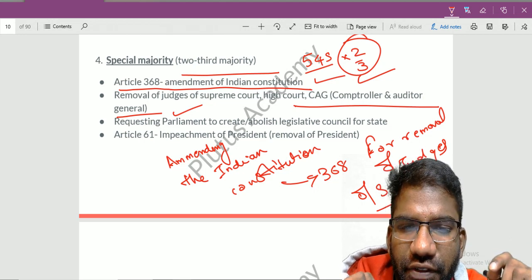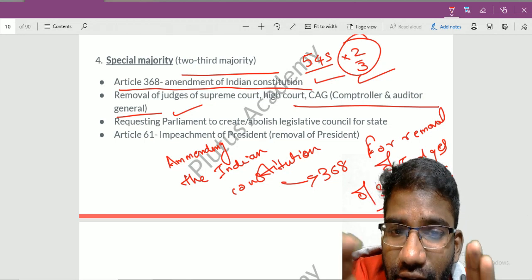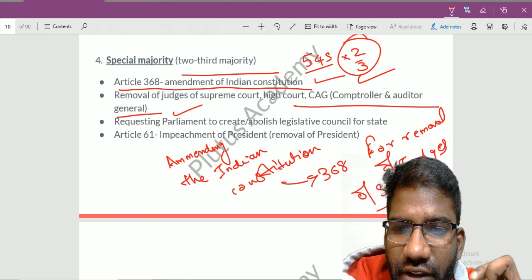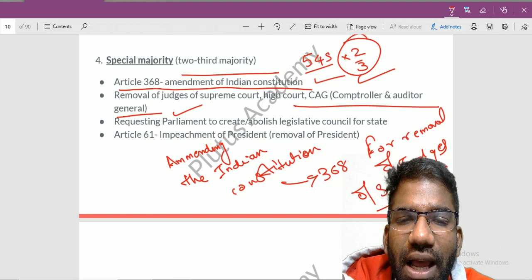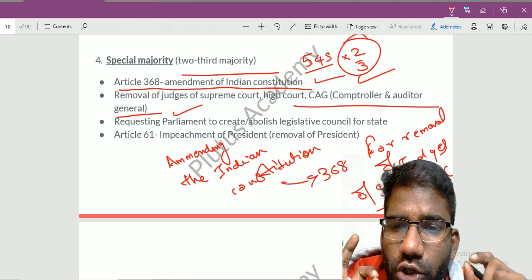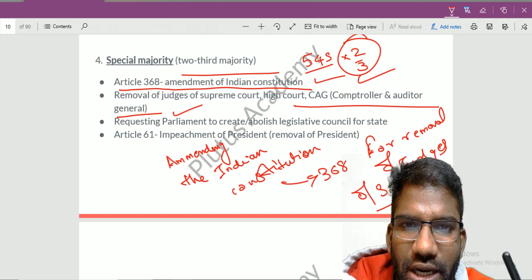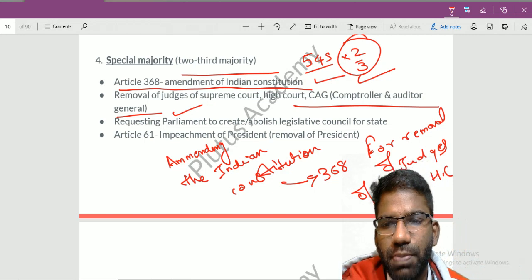Or certain states like Uttar Pradesh, which has a legislative council, if they need to abolish it, they also need to pass a resolution with special majority. I hope you are clear. To have or to abolish a legislative council, we need to use special majority.